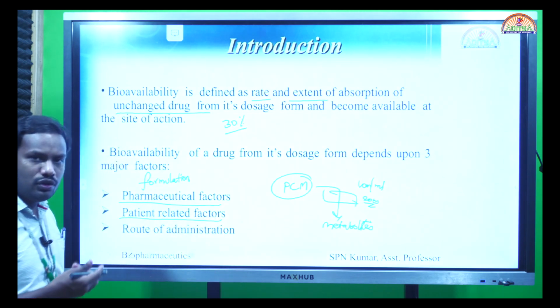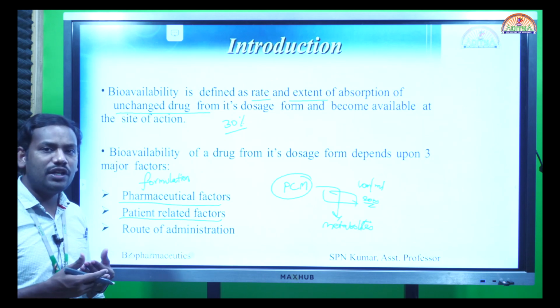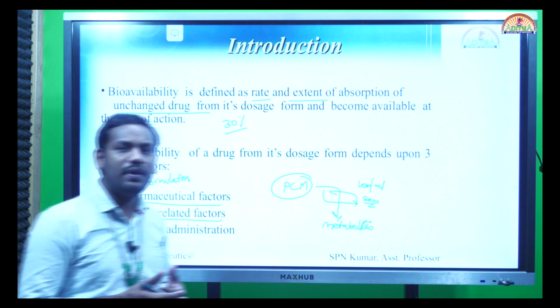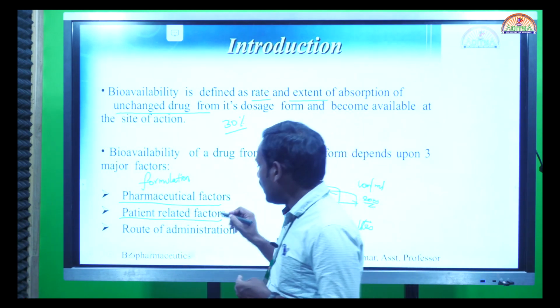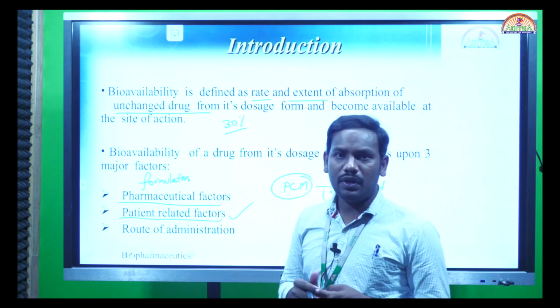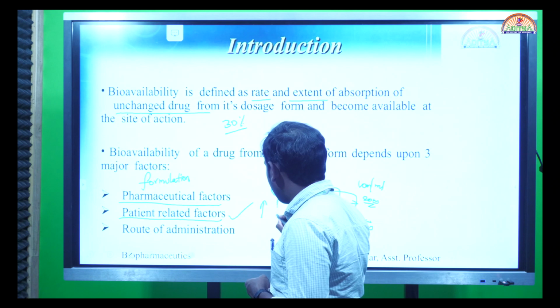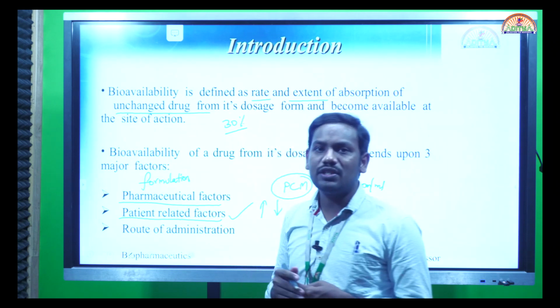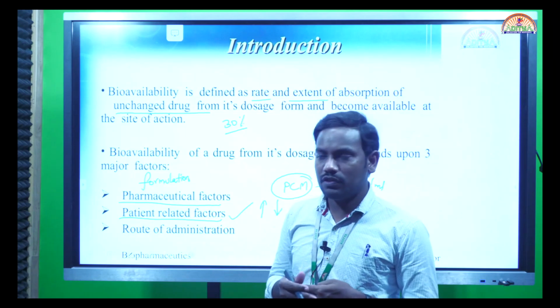Even though we take the utmost care to manufacture our tablet, there is some patient to patient variation. This variation may be inter-subject variation or intra-subject variation, and these can cause differences in bioavailability. One patient will have more therapeutic response, the other patient will have lesser therapeutic response. This is called variability, and it differs from intra-subject to inter-subject variability.